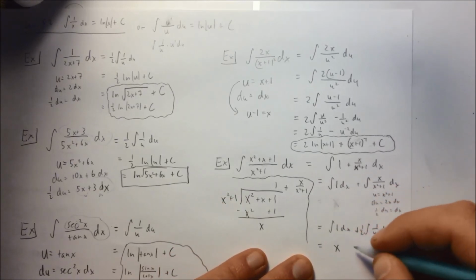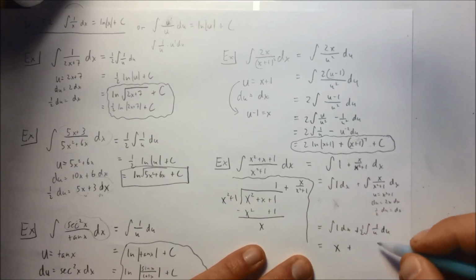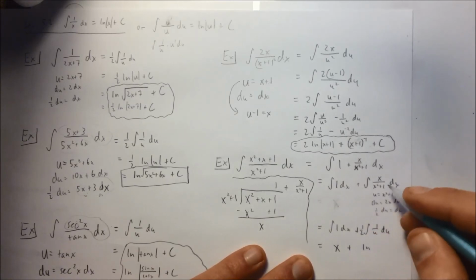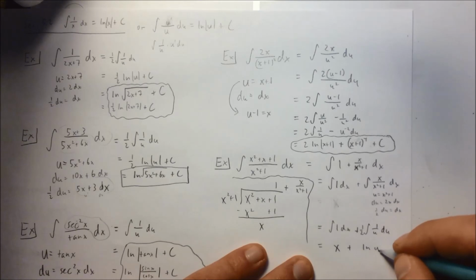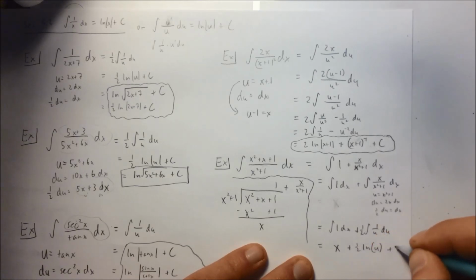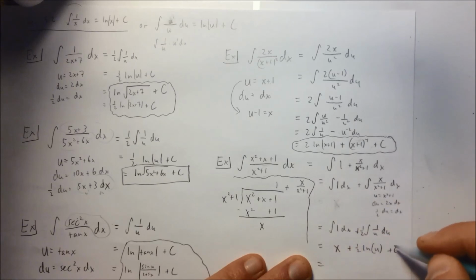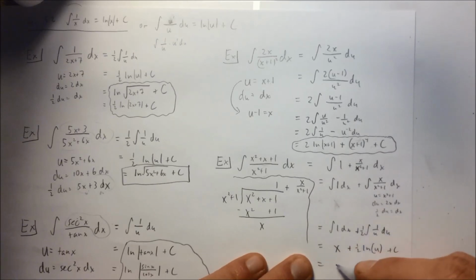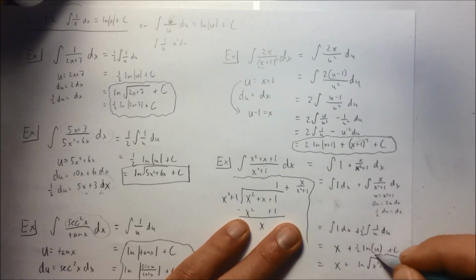So this is going to give me x plus the natural log of u plus c. Once I back substitute in the x squared plus 1, and pull this up here so it's a square root plus c. There we go.